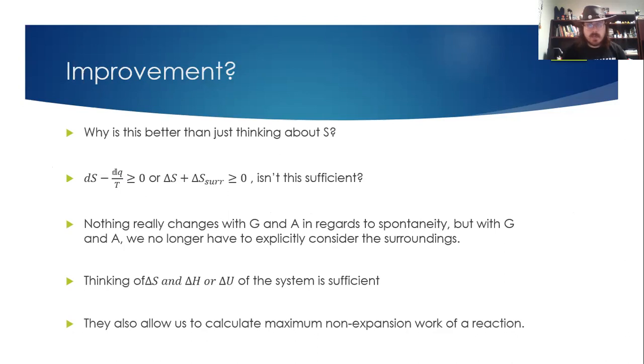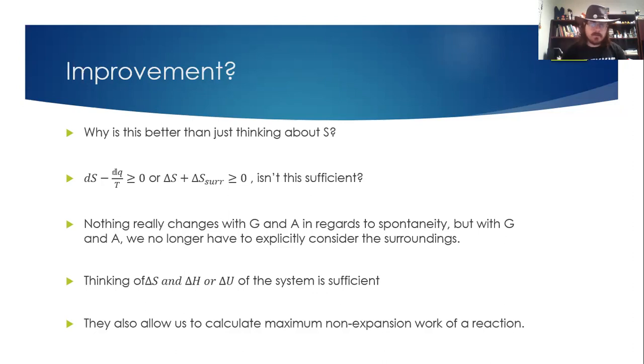But with G and A, we no longer have to explicitly consider the surroundings. We no longer have to classify the surroundings as a separate region to worry about. We can now just look at the system. What is the entropy of the system? What is the enthalpy of the system? Rather than have to worry about what is going on in the surroundings. So it helps us limit our focus, make this a little bit easier to deal with.